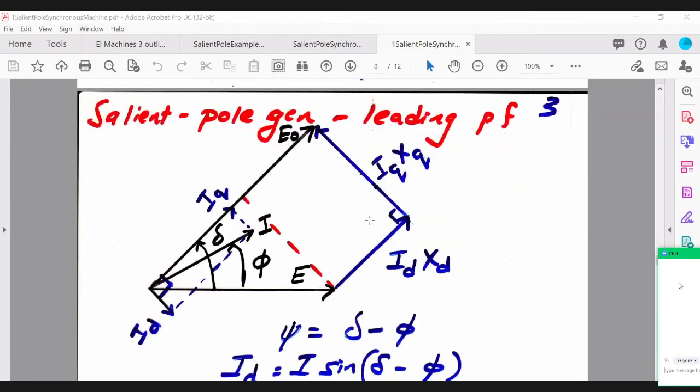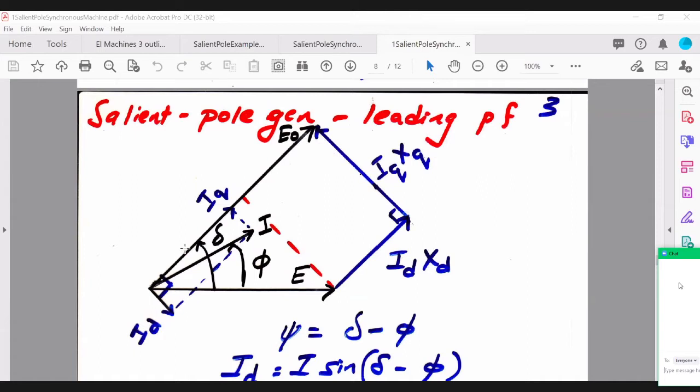Okay, so that's a leading power factor salient pole generator. As you can see, now your current is leading the terminal voltage by a certain angle phi, and then obviously you have resolved this current into two components.